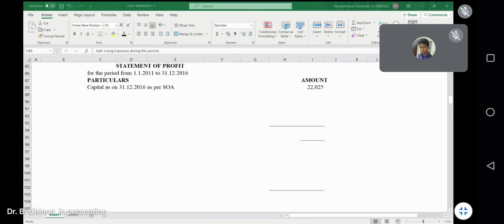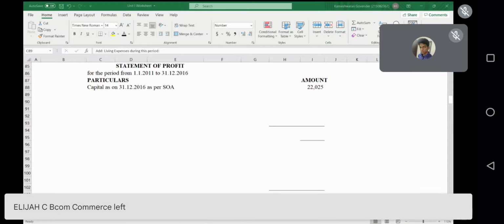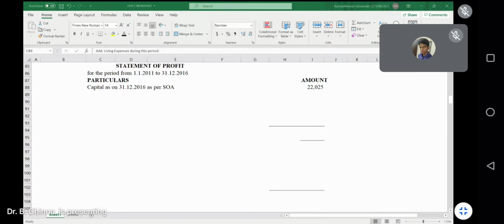Okay. What else? Personal expenses. All the personal expenses. Clear. So first we are going to adjust the drawings by considering all his personal expenses. So is there any information provided on his personal expenses? Living expenses. Exactly. So we are just going to accommodate all the living expenses now.